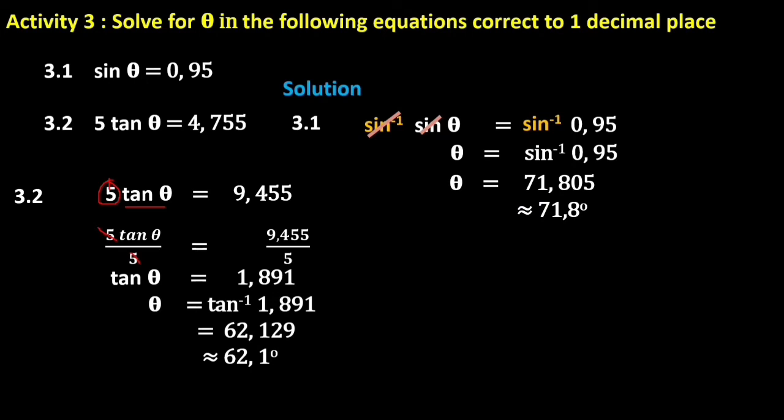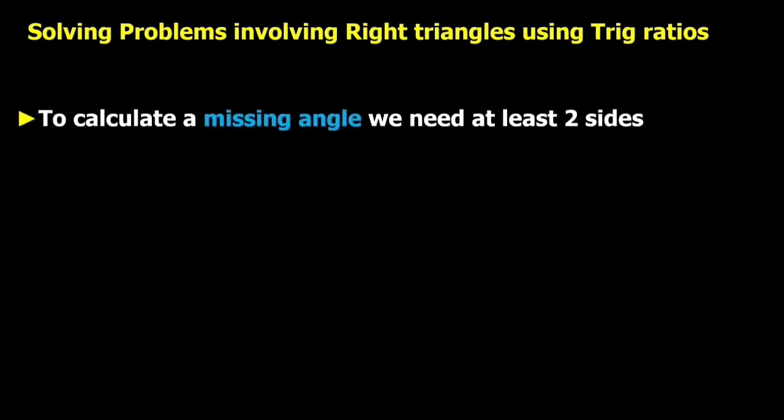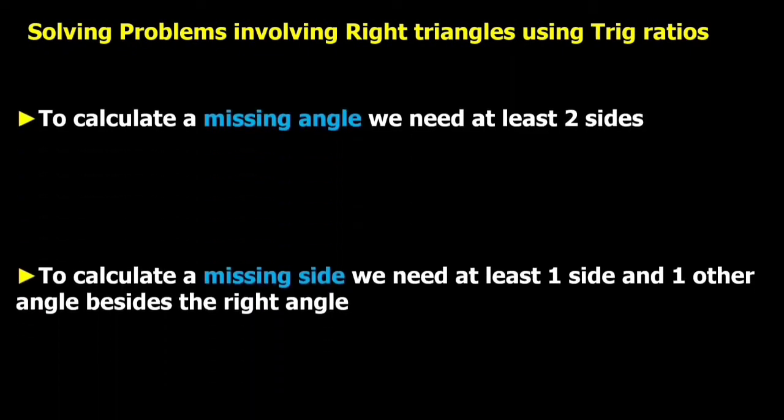So we can actually solve trigonometric equations by first making sure that we've got a single ratio of the function without a coefficient, and then we can use the inverse function from then on. Okay, a point to note, guys, is that remember, trigonometric ratios are based on 3 variables.